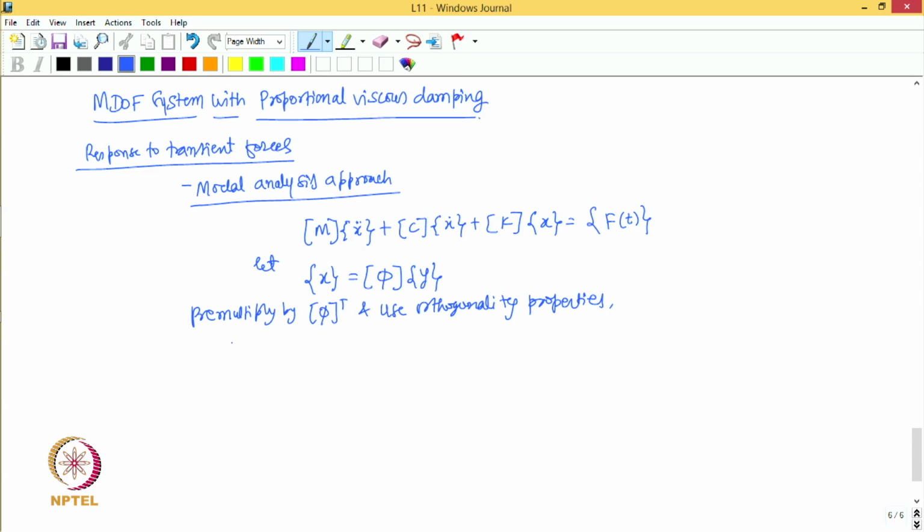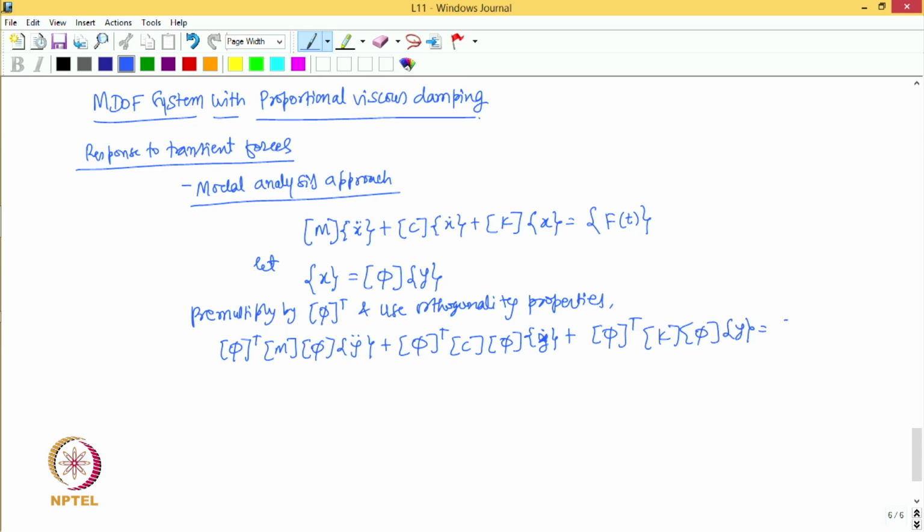So, that basically gives us, we first do phi transpose m phi y double dot plus phi transpose c phi y dot plus phi transpose k phi y is equal to phi transpose f of t, right.